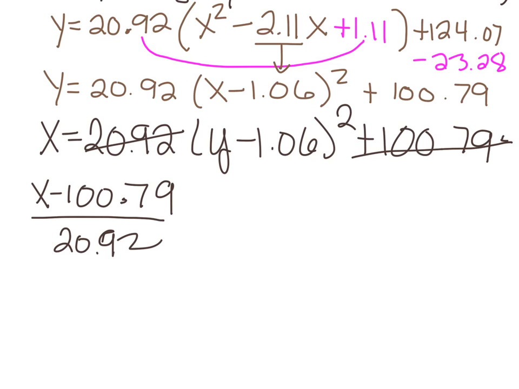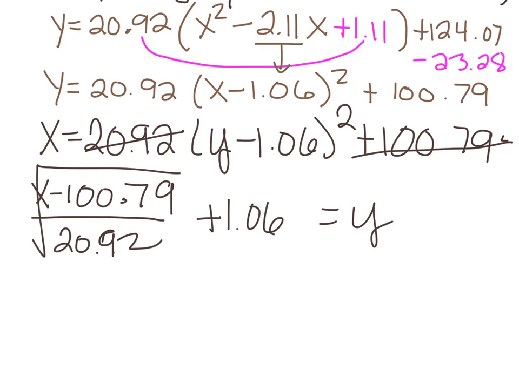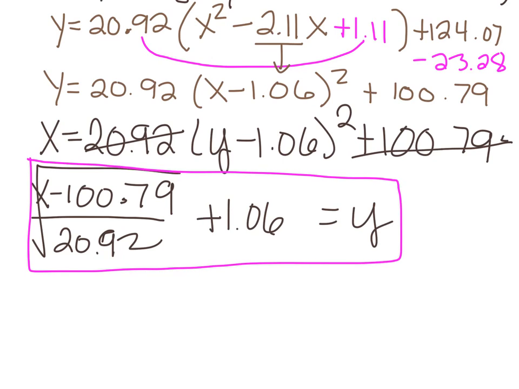So I'm just going to put it here. Then I will be adding 1.06. So this is kind of messy, but if you leave it just like this is fine with me. You can give me x minus 100.79 over 20.92, the square root of all of that, plus 1.06.